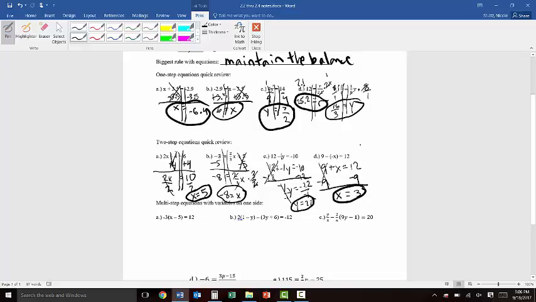I actually want to do an extra problem, so this will be problem E. And I'm going to write -9 plus x equals 12. So it's almost the same problem. If we want to solve for x, this is where kids get confused, because it looks like we're adding 9. But we don't read a problem like that. We don't read it from right to left.